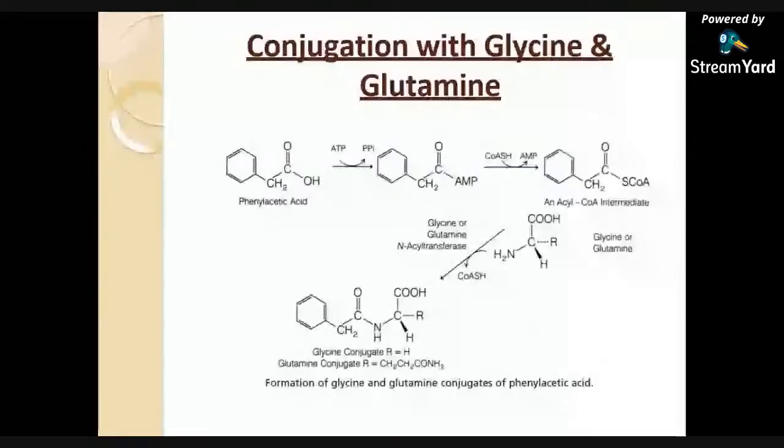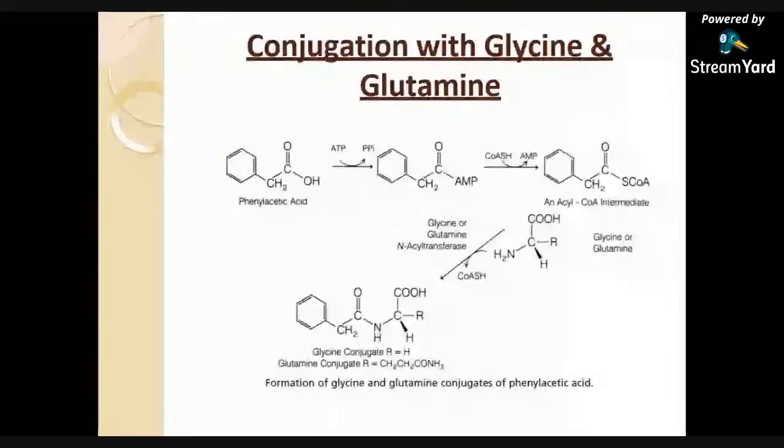So you can see here the example, the phenylacetic acid is there in presence of ATP and PPi. It will give an acyl CoA intermediate, and further, in presence of the glycine or glutamine N-acetyltransferase, it will give the glycine conjugate or the glutamine conjugate.